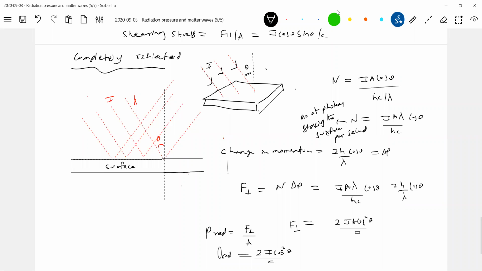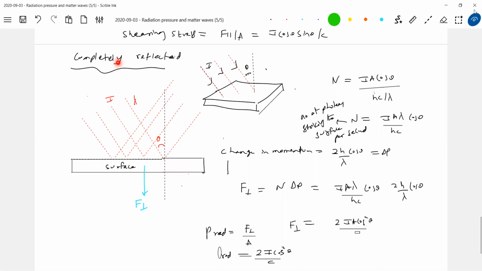It should act normally. Don't show it at an angle. I think this was the mistake we usually make. So why not F parallel? Look at the component of momentum along the x-axis here. So only F perpendicular will be there, F parallel will not be there.